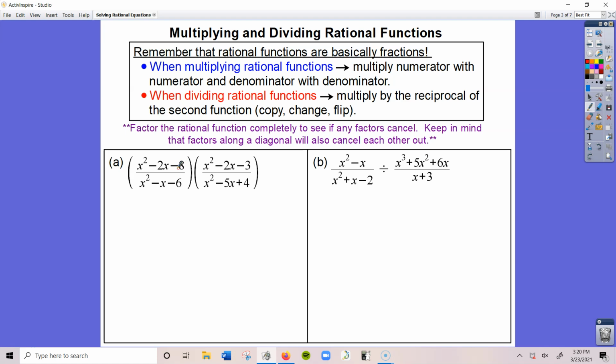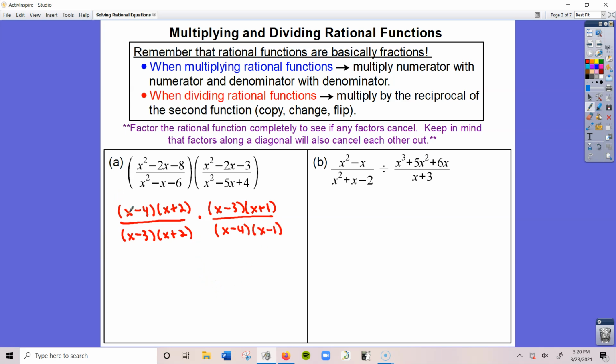So x squared minus 2x minus 8 can be factored to x minus 4, x plus 2, over x squared minus x minus 6, which is x minus 3, x plus 2, times, now over here we have x squared minus 2x minus 3, which is x minus 3, x plus 1, all over x squared minus 5x plus 4, which is x minus 4, x minus 1.